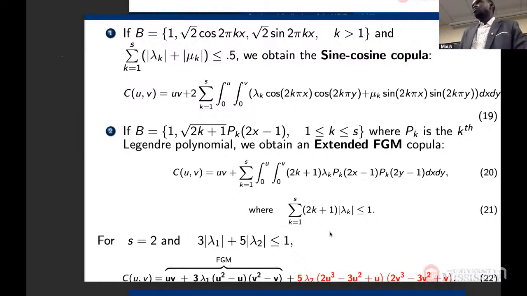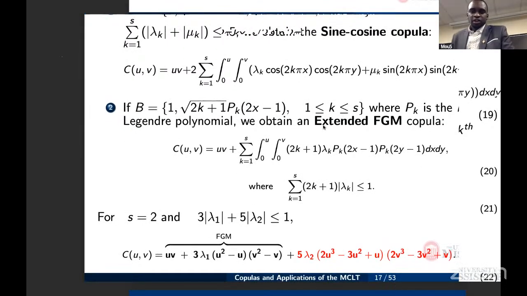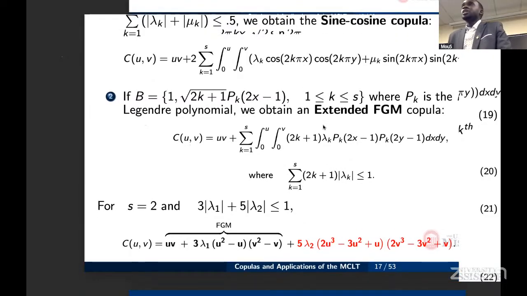And it's one example of the type 1 low copulas that we defined in the previous slide. And there is an example that we will be focusing on in the rest of the work, in the real life application, which is the extended FGM copula with one parameter lambda 2, as you can see here.